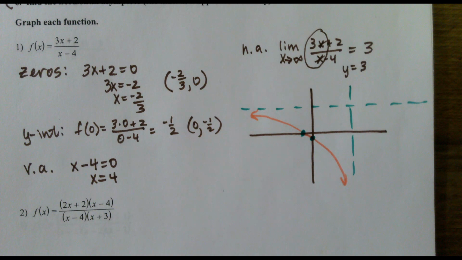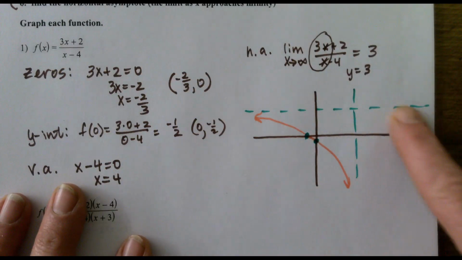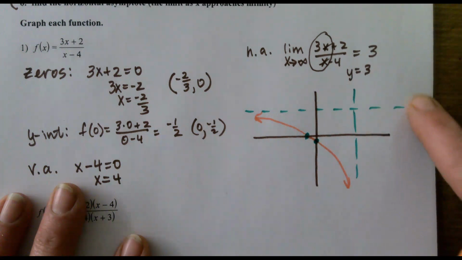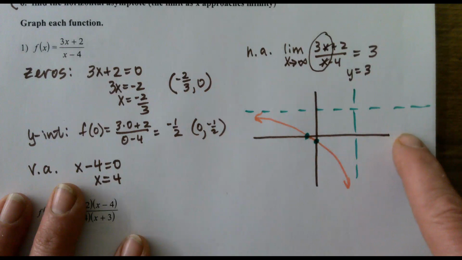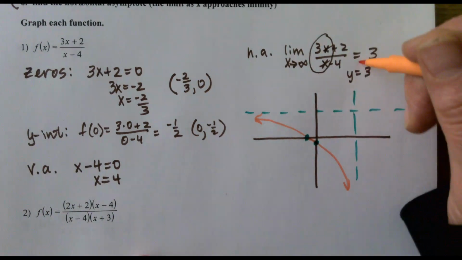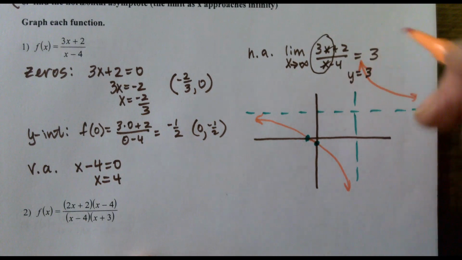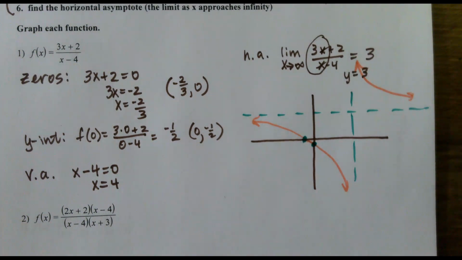On the far right, it cannot be in the lower portion because there is no spot for it to cross the x-axis. So the only place this graph can go is up in that upper area. And I'm done with that graph.